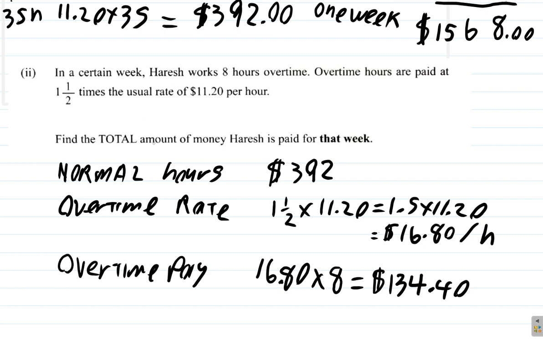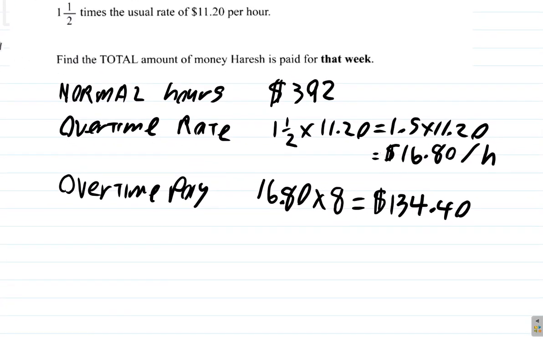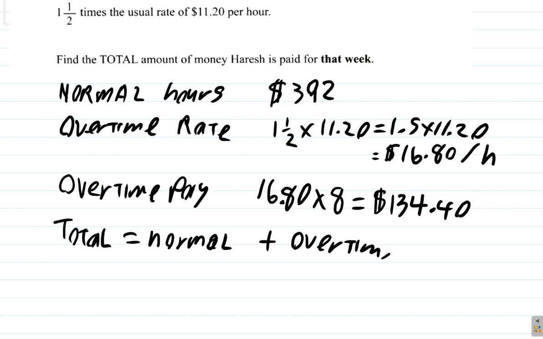Now, the total amount of money means everything. The normal pay plus the overtime pay. Total is going to be normal pay plus overtime pay.